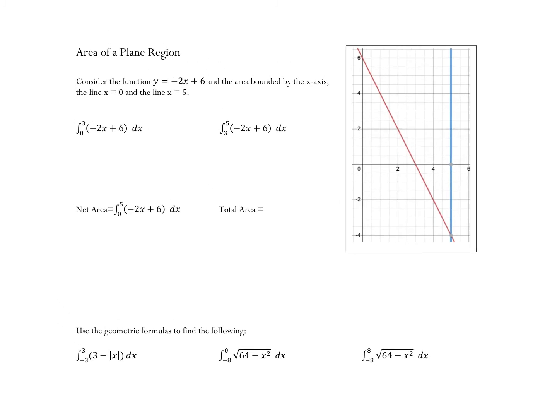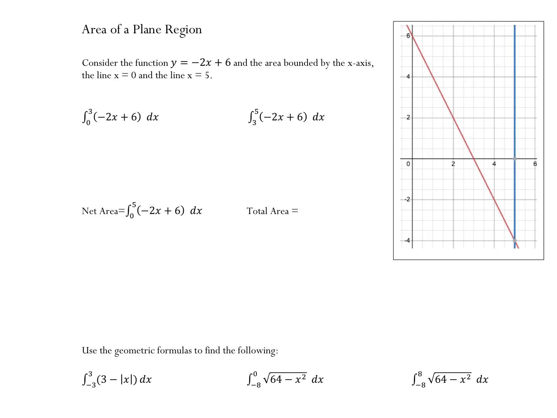All right, you guys, I drew you a little picture. In this picture, you can see we have the line y equals negative 2x plus 6, the y-axis, the x-axis, and the line x equals 5. Everybody with me? I want you to go back to the 3rd grade version of you.